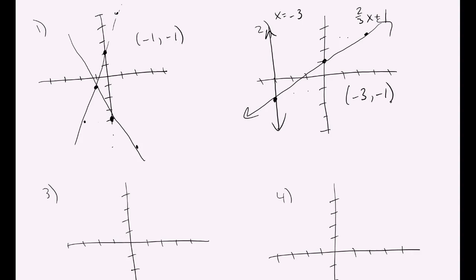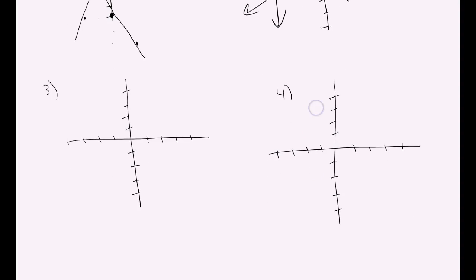Alright, so now we move on to number 3, and for number 3, you start at positive 1 for the first equation, and you go down 1 over 2, or up 1, left 2, so all those go with the first line. The second one is 1/2 x plus 3, so I need to start at positive 3, and then I need to go, what's my slope? 1/2, so it's up 1 over 2, or down 1 over 2.